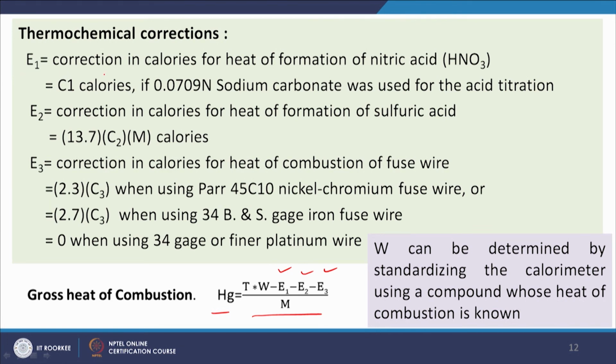E1 is the correction in calories for the heat of formation of nitric acid, equal to C1 calories, if C1 is the milliliters of N/10 NaOH solution. Then E2 is equal to 13.7 into C2 into M, where C2 is the sulfur content in the material and M is the mass of the material taken for the test, and we multiply it with 13.7.